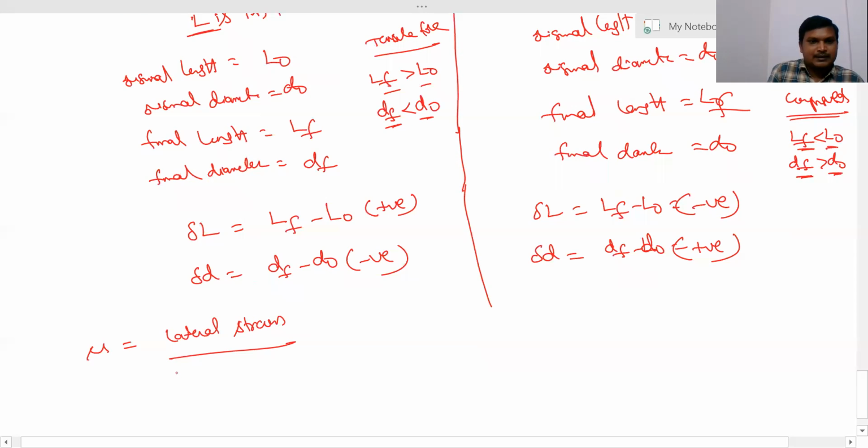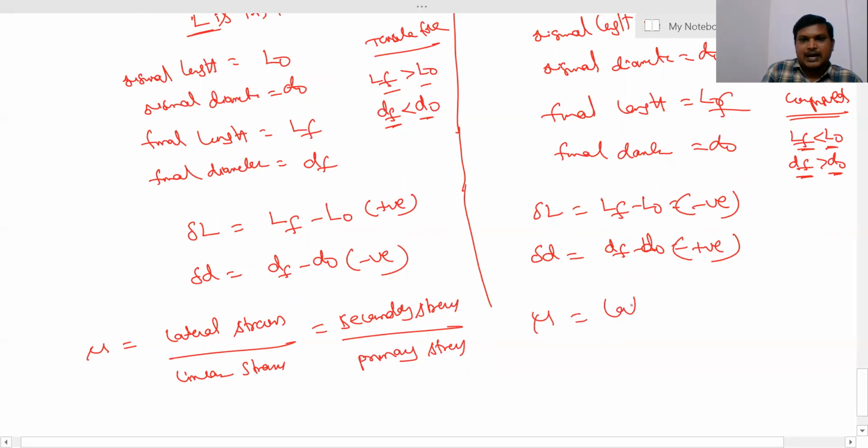strain by linear strain. Simply we call it secondary strain by primary strain. Likewise here also lateral strain by linear strain.